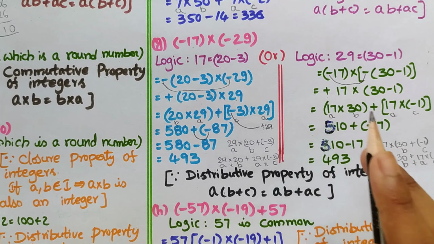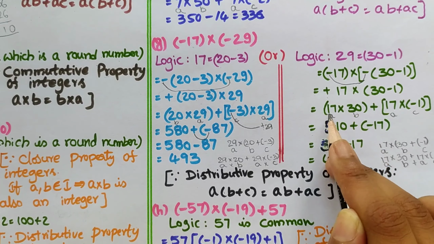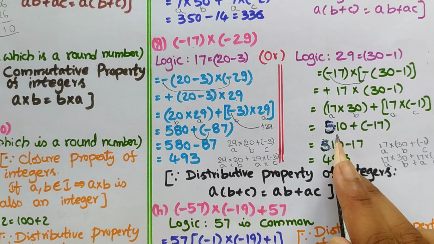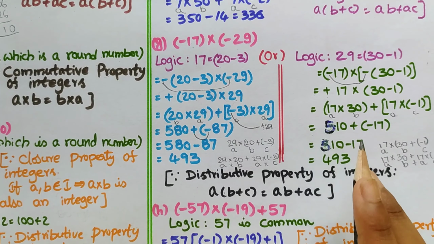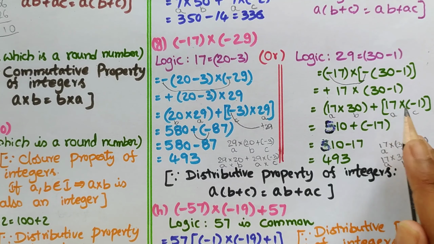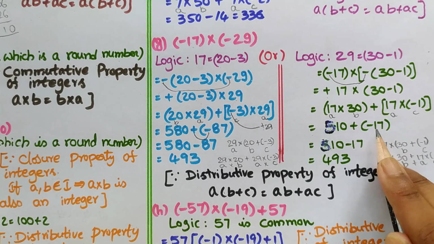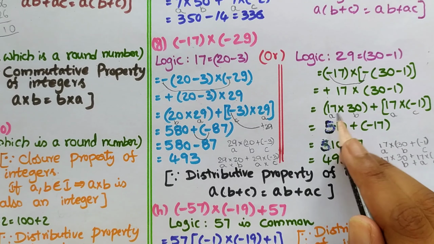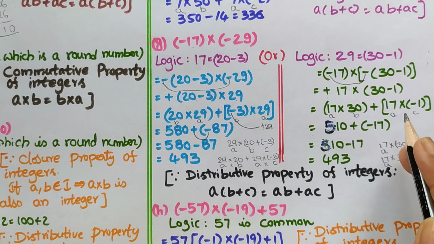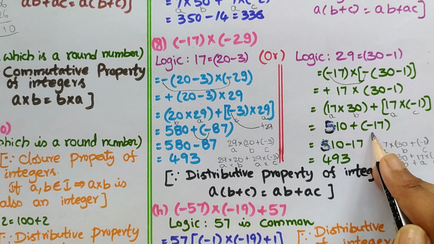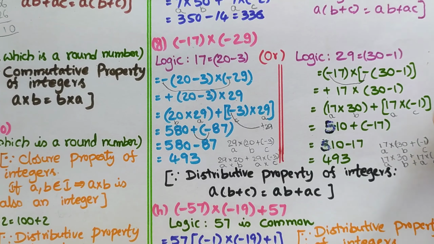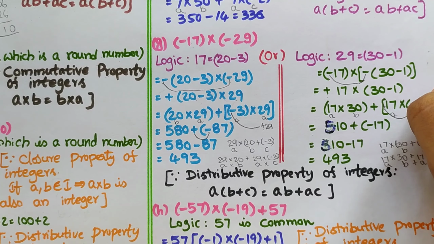17 into 30 is 510, plus 17 into minus 1 is minus 17, because there is an invisible plus before 17 and plus into minus is minus 17.